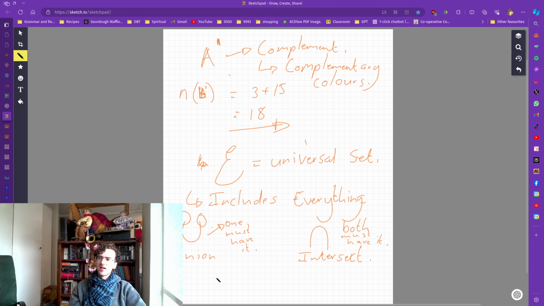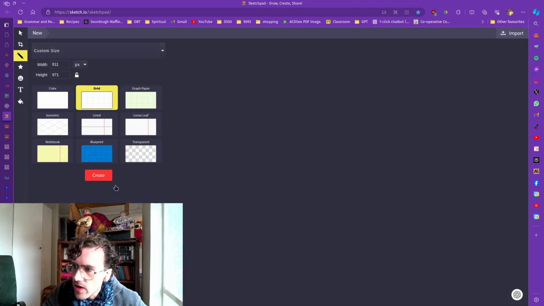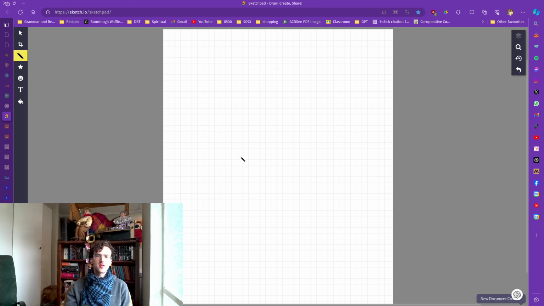So, some examples. We're going to do proper examples just now, but I just want to do some basic examples. Some ways that we might have a set written is A is X, where X is an element of the natural numbers.